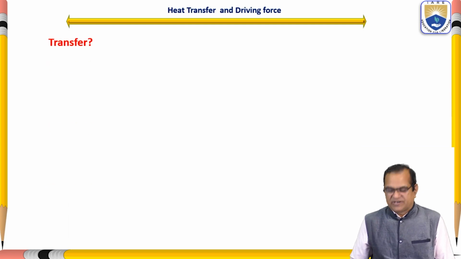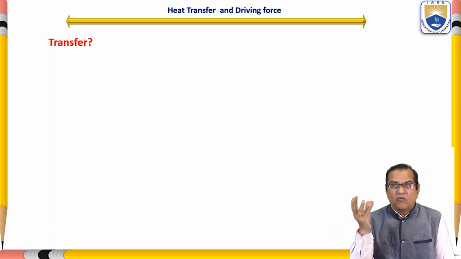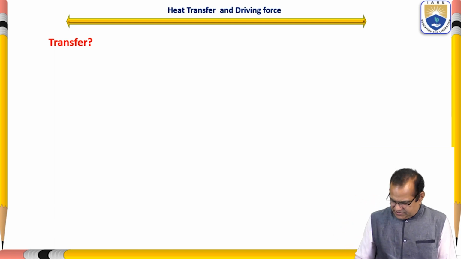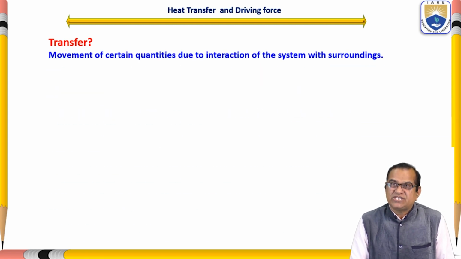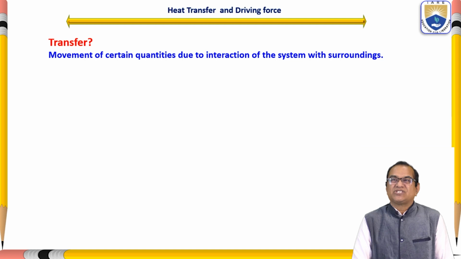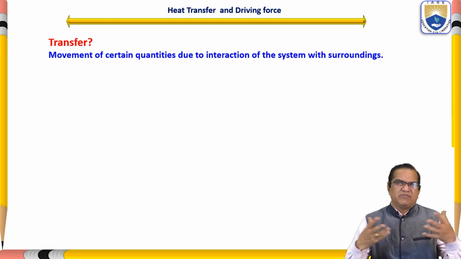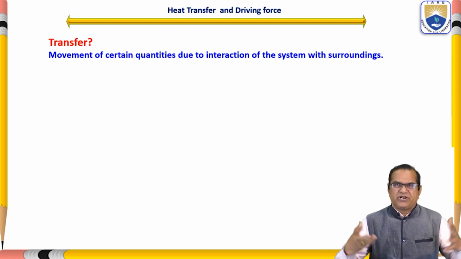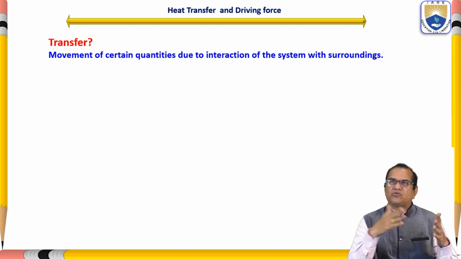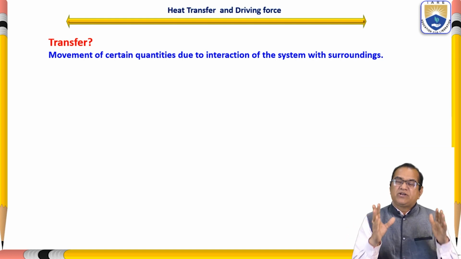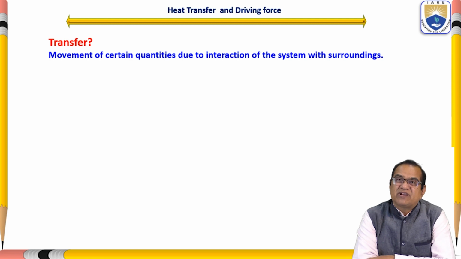So what is transfer? Because it is heat transfer, first we should know the meaning of transfer. Transfer means movement of certain quantities due to interaction of the system with the surroundings. Any quantity, it may be work, heat, or any thermodynamic property, if it moves from one point to another, or from the system to the surroundings, then we say that transfer is taking place.